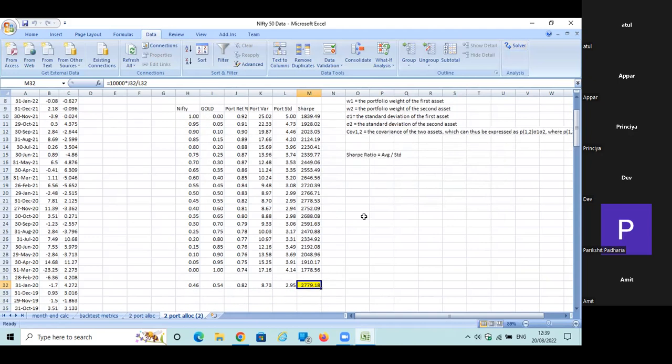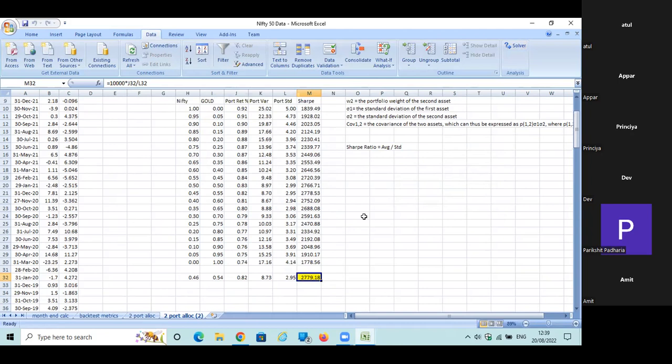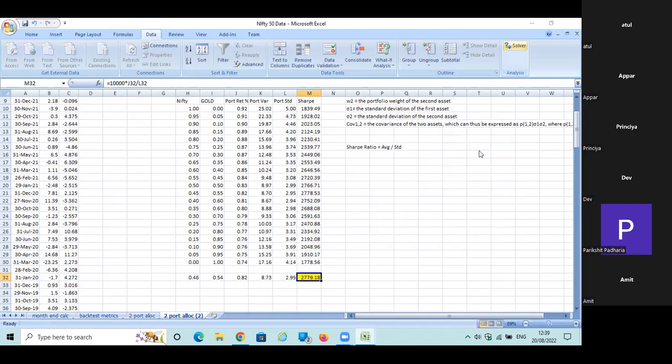Now whether it changed or not, you again reset it to 0.5 and again solve. So it changed values, right? So that's your allocation, 46 and 54. Right?